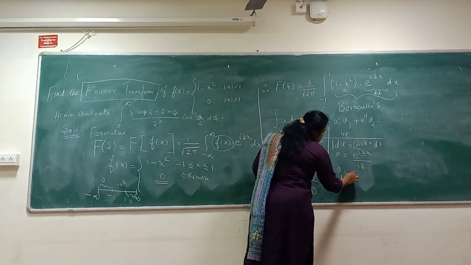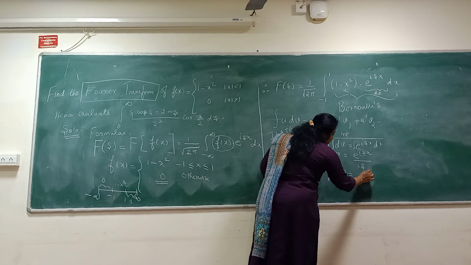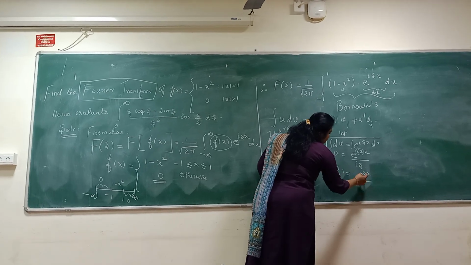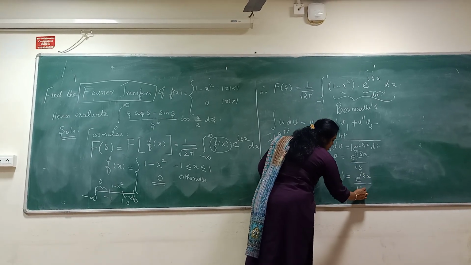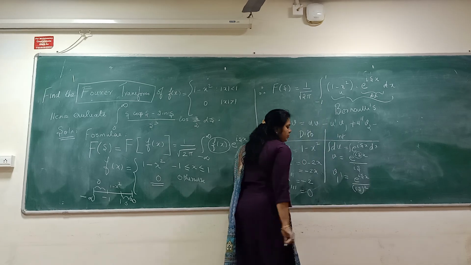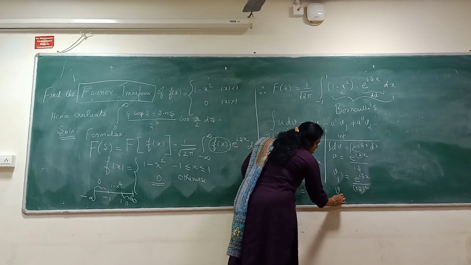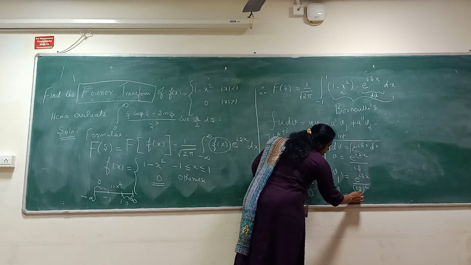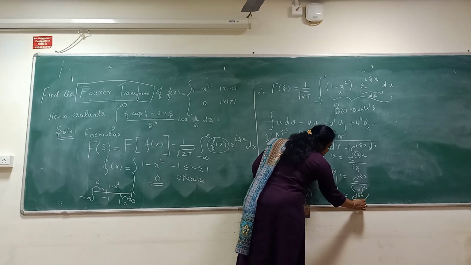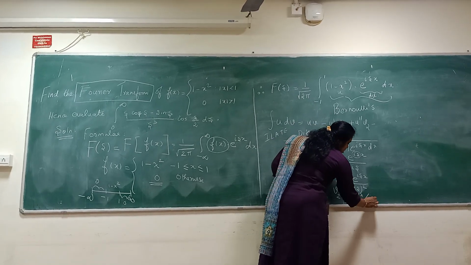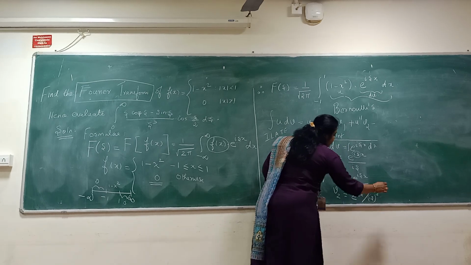Similarly v1 is e to the power i s x divided by i s the whole square. Similarly v2 is e to the power i s x divided by i s the whole cube.